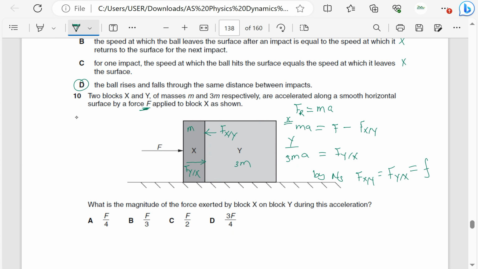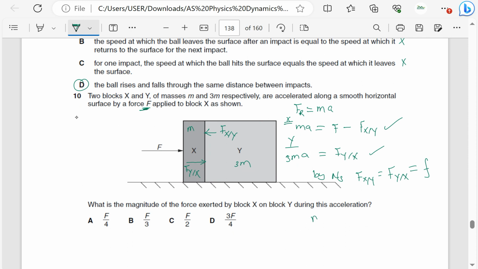So I said, remember these two forces are equal but opposite. Okay, so I'm going to combine this equation here with this one here. If I combine these two equations, I'm just going to add them because Fxy and Fyx are the same, it is just f.